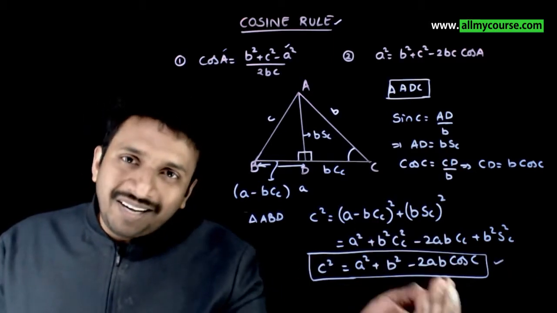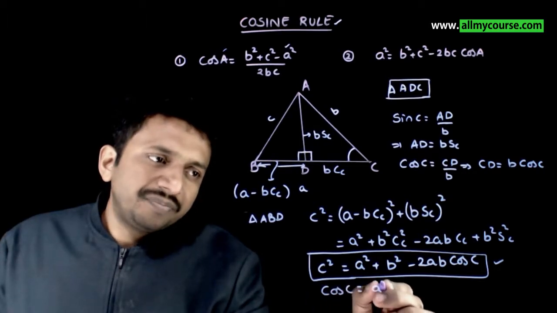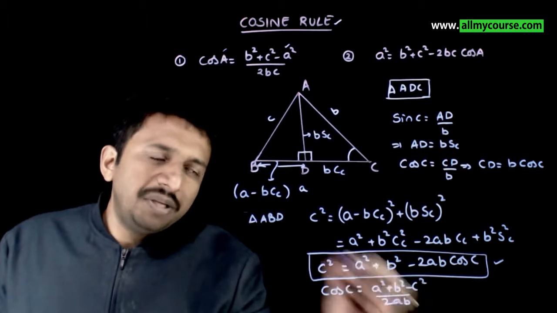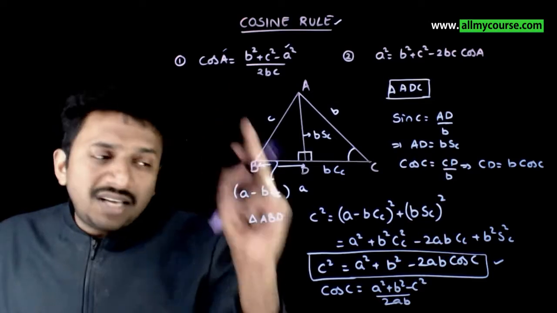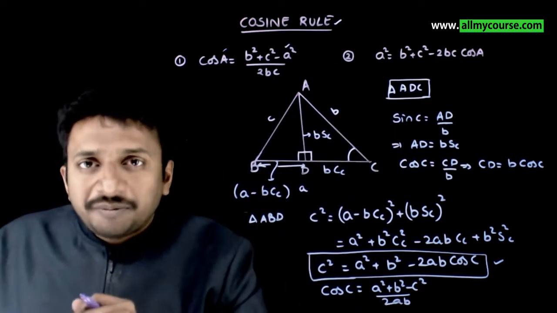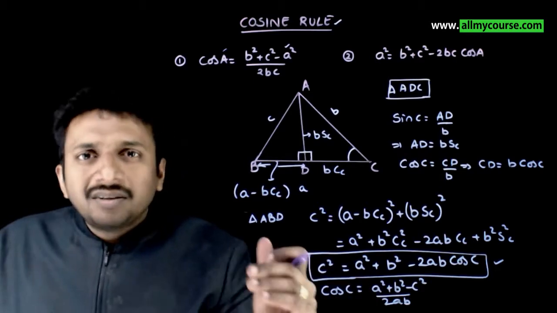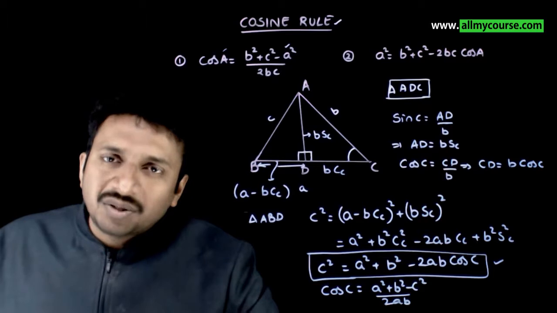And if you interchange the terms, you can derive cos C is equal to a square plus b square minus c square by 2ab. So we can derive the formula of this type as well as the formula of this type. Once you can derive c square, similarly you can derive the formulas for b square as well as a square.